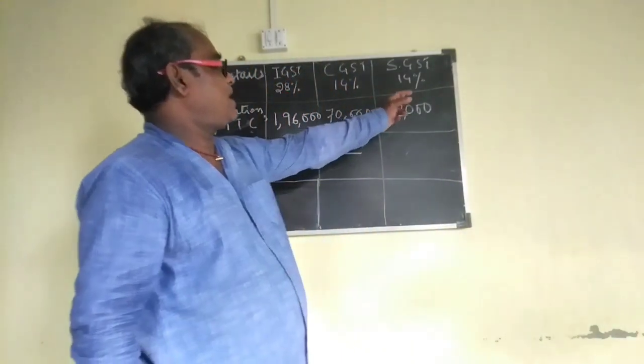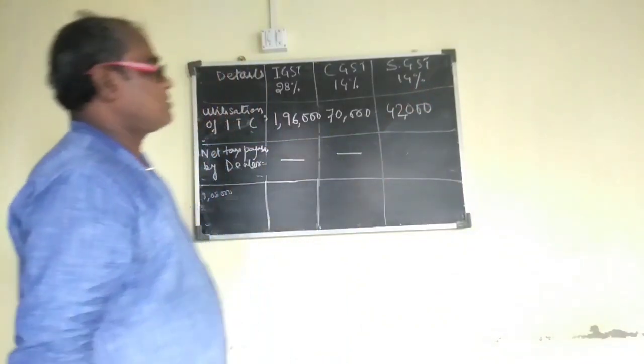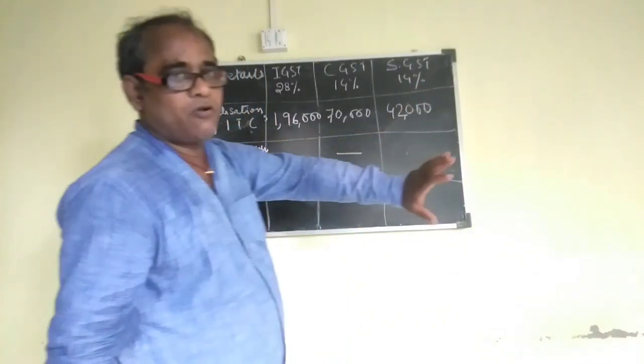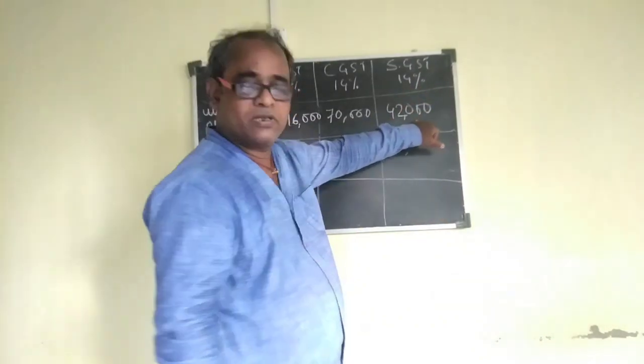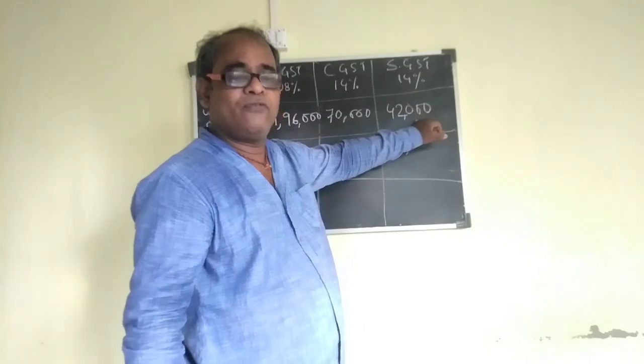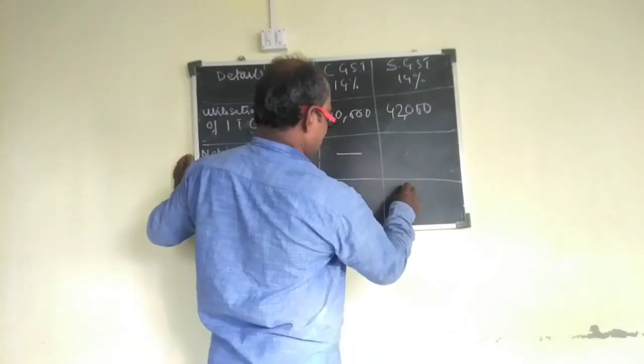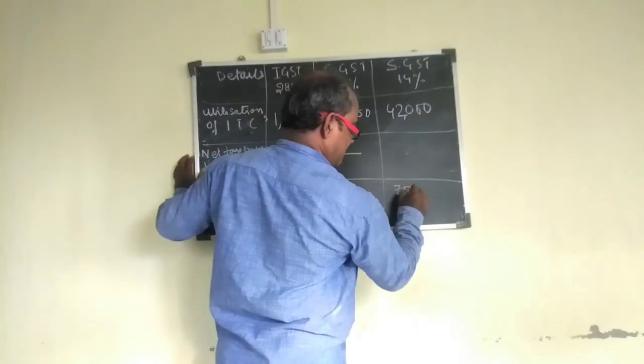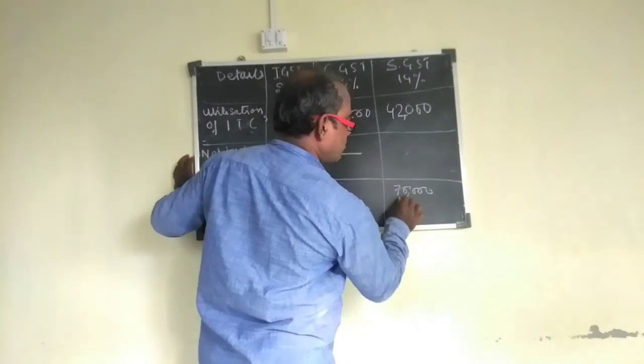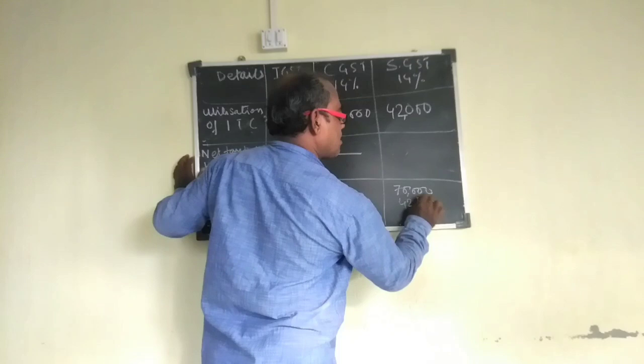But how much do we have to pay here? Actually it was 70,000, but we are using only 42,000 over here. So out of 70,000 we are using only 42,000.